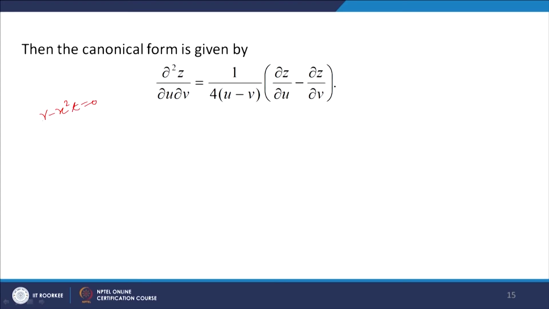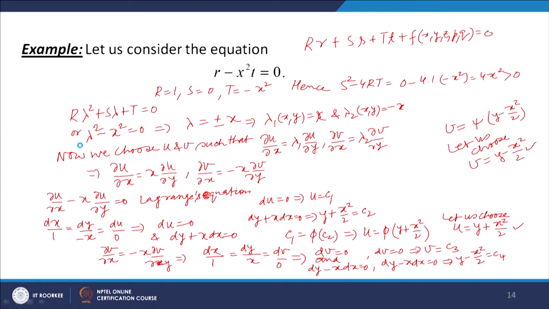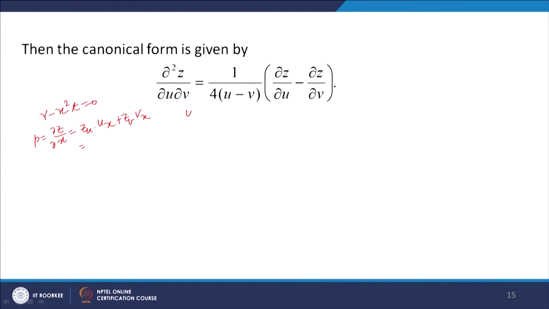First, in order to find r, let us find p. P is equal to the partial derivative of z with respect to x. So, this is z u into u x plus z v into v x. Now, what is our choice? Our choice of u is y plus x square by 2, and v is y minus x square by 2.